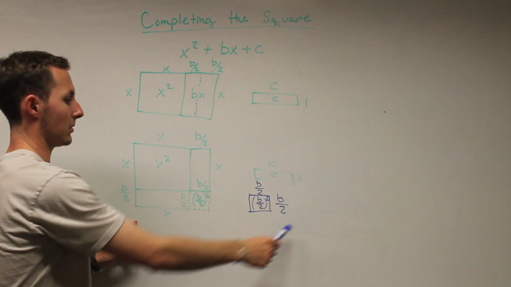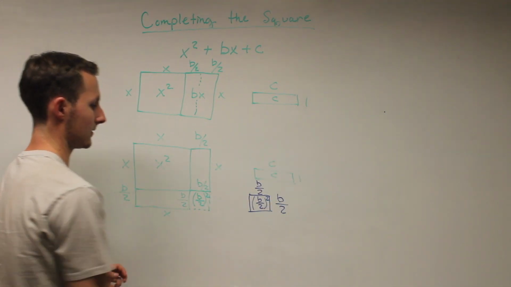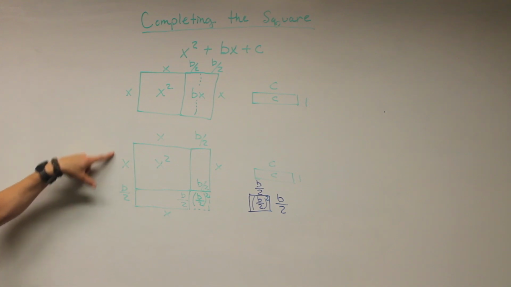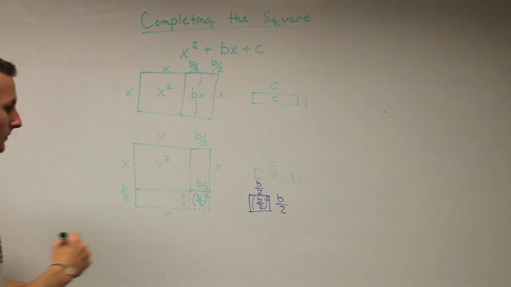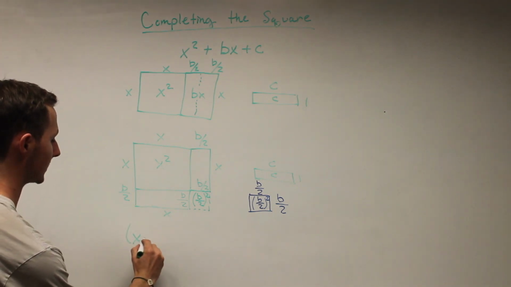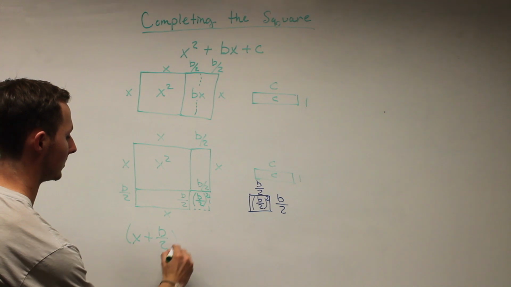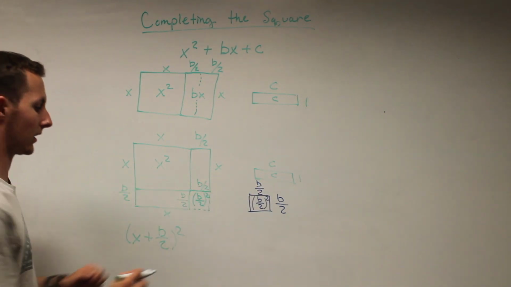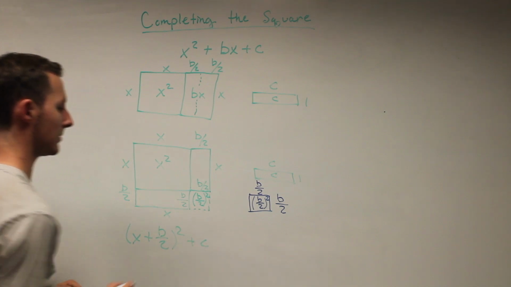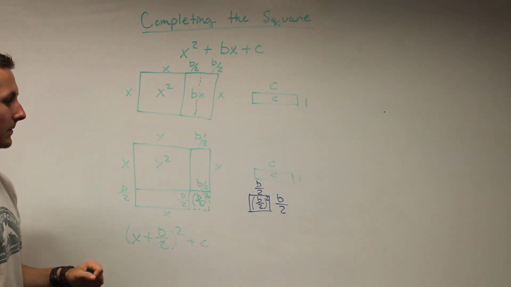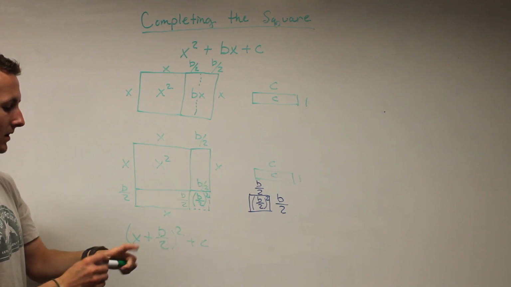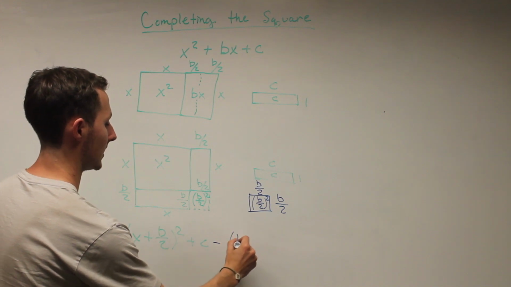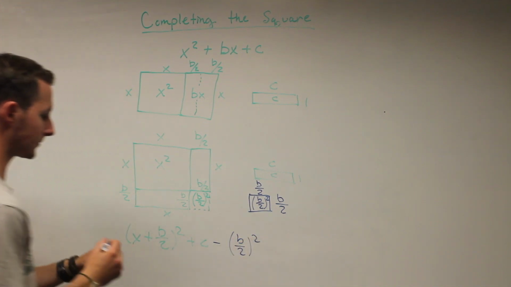Now if we just look at what we've got represented here and try to draw it out in one sum, we've got a square whose width is x plus b over 2, which we could represent as x plus b over 2 quantity squared, plus our original c by 1 rectangle, this c right here is still there, and then in order to maintain the equality we had to subtract a b over 2 squared.